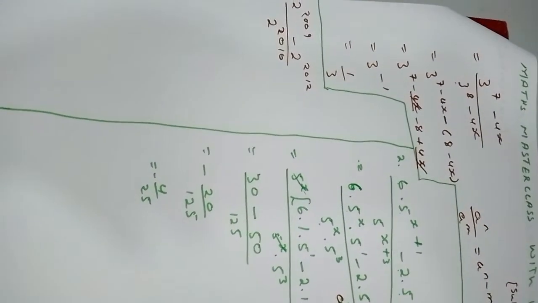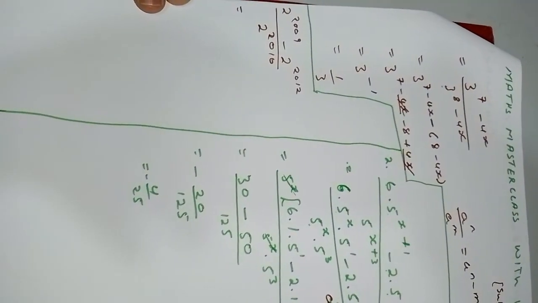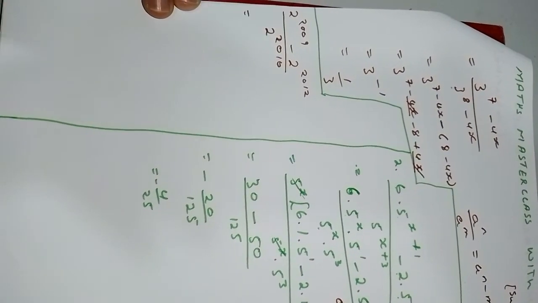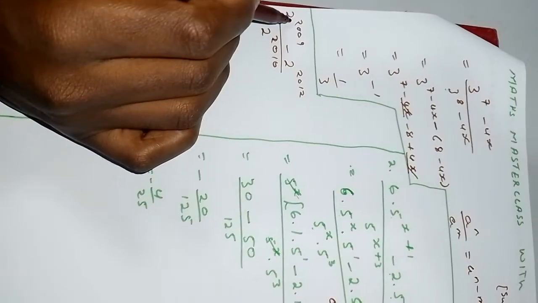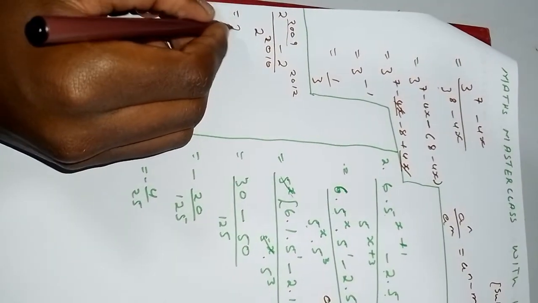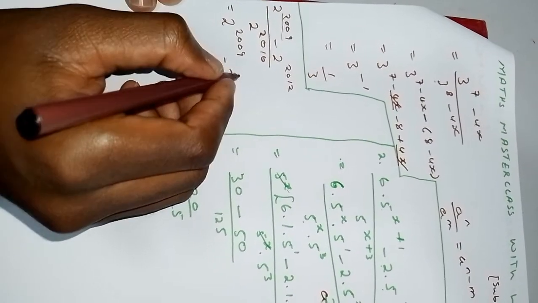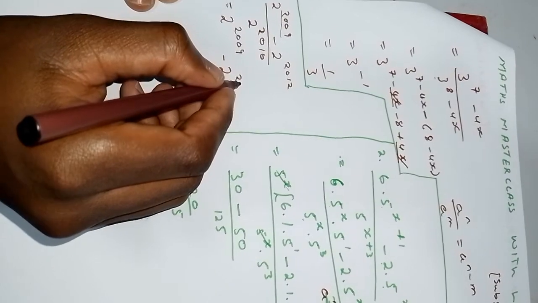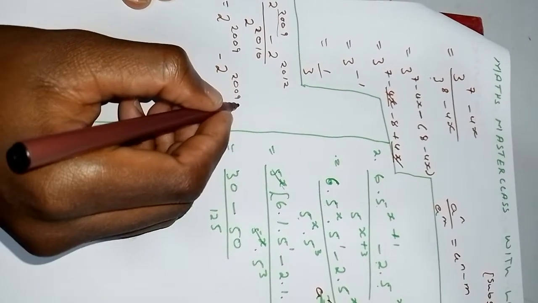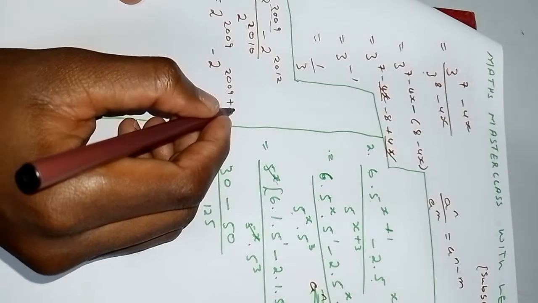Now, you are given something like this. They say simplify this. What are you going to do? In my point of view, I need to make everything to the power 2009. I'm just going to have 2 to the power 2009, subtract 2 to the power 2009 plus 3, since from 2009 to 2012 I have 3.